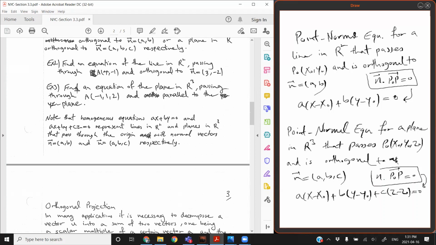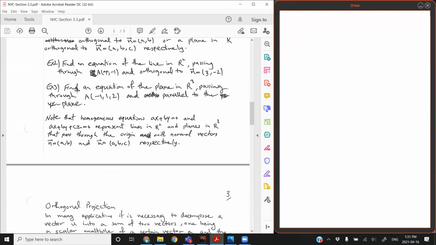Example 2 is for a line in R2. Find an equation of the line in R2 passing through the point A (4, -1) and orthogonal to the vector n = (3, -2). Okay, I just use the formula.